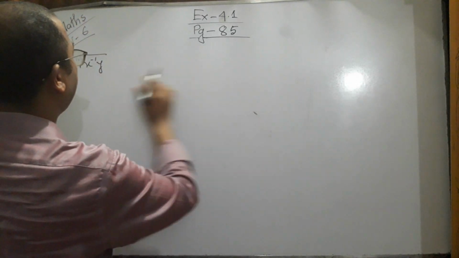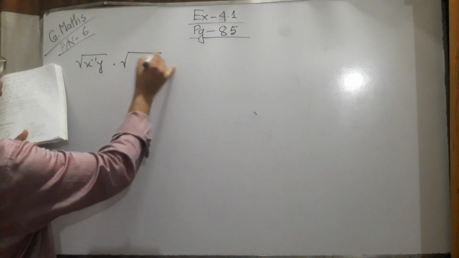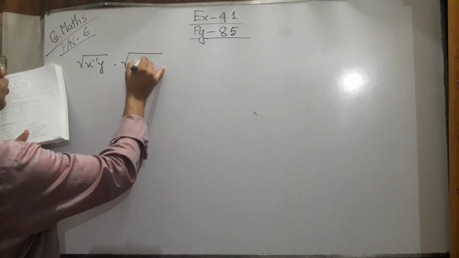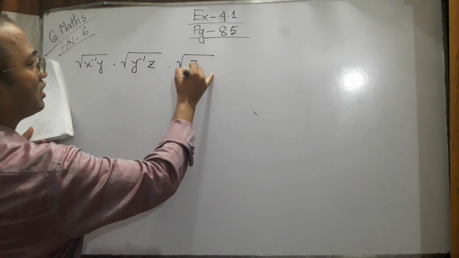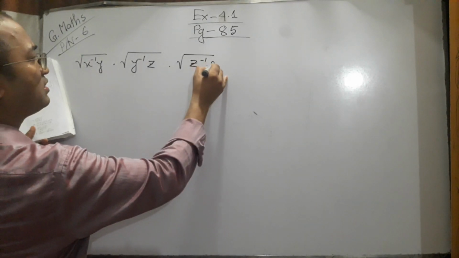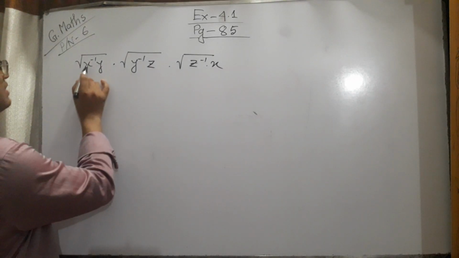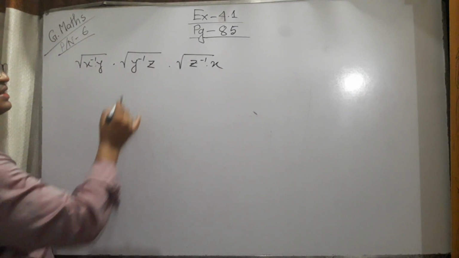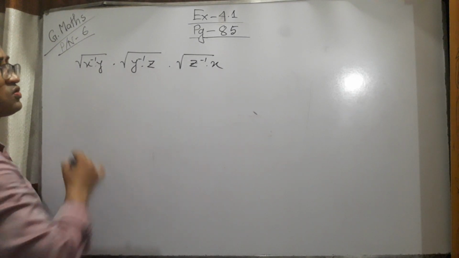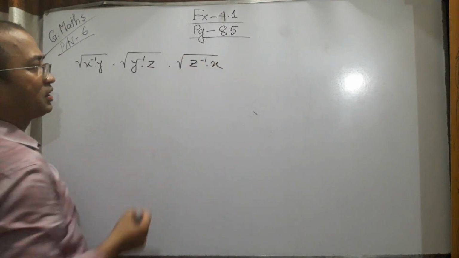So this is root over x inverse y, into root over y inverse z, into root over z inverse x. Look, between these numbers there is a multiplication, similarly between the next two, and between the last two there is also a multiplication.